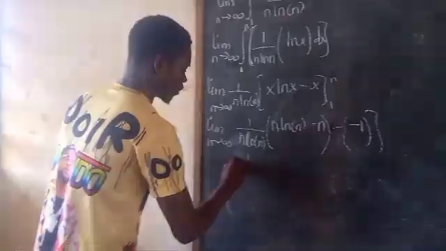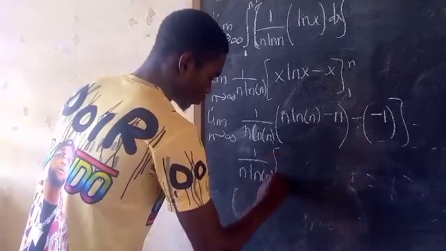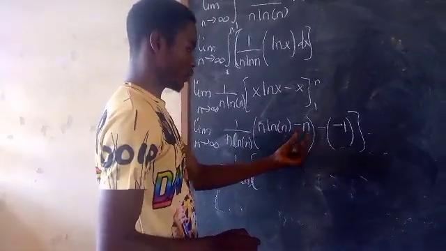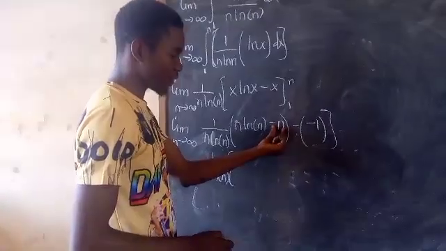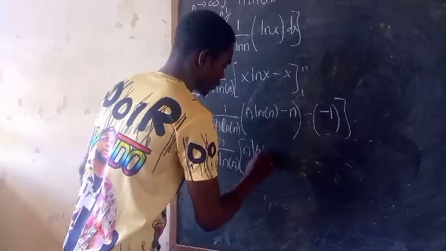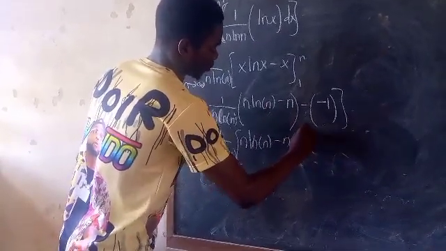So this is going to be 1 over n natural log of n times, we now evaluate this: n natural log of n minus n, minus negative 1, which gives plus 1. Great.